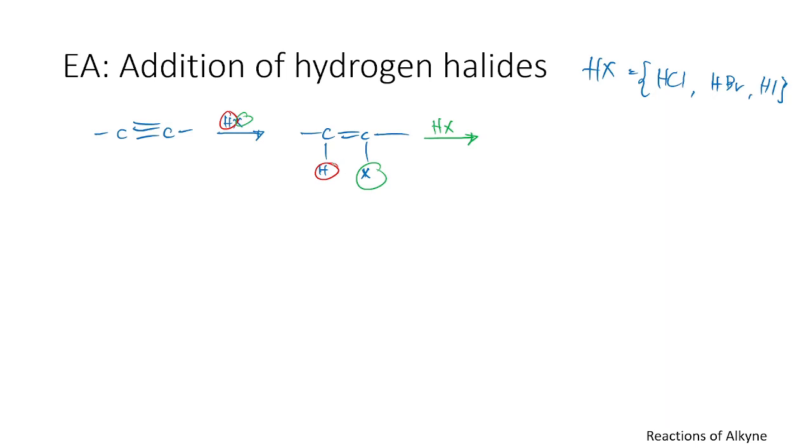And this time, it will follow Markovnikov's rule, since you attach your hydrogen here, meaning this carbon has a higher number of hydrogens in comparison to this one. So we will have our carbon with our hydrogen, then another carbon, a single bond already, and we have our X and our X, where X means our halide.